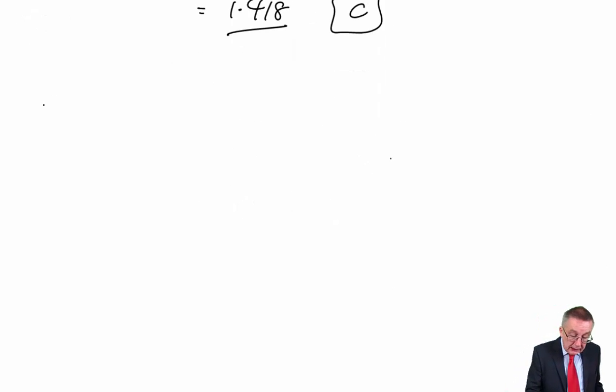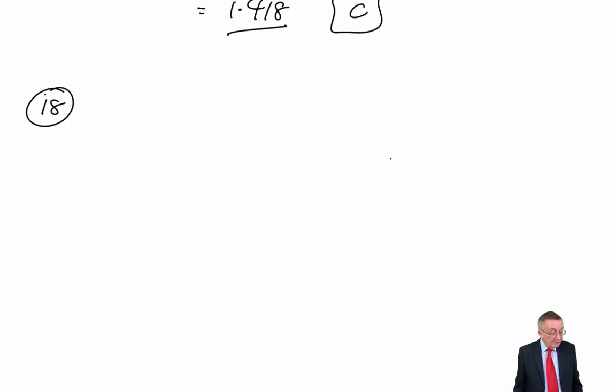Number 18. Which of the following statements are correct? Number 1: if a capital market is weak form efficient, an investor cannot make abnormal returns by using technical analysis. Yes. Very much a question of reading our notes, your textbook, whatever. But that's yes.